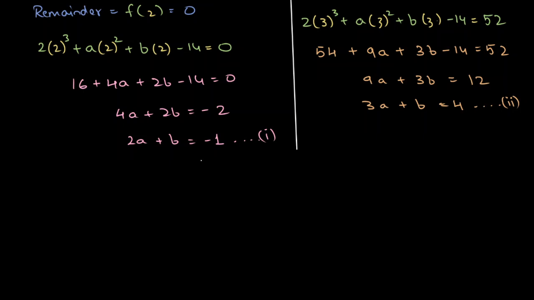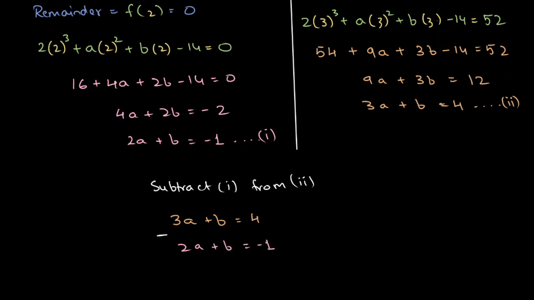So how do I solve them? I will just subtract equation number 1 from equation number 2, which is basically 3a plus b is equal to 4. From that, I will be subtracting 2a plus b equal to minus 1.